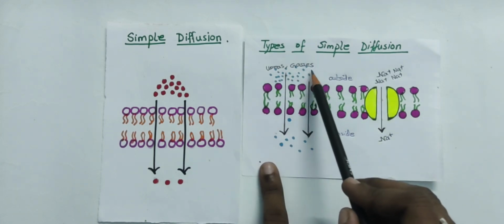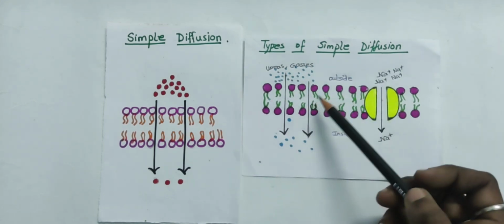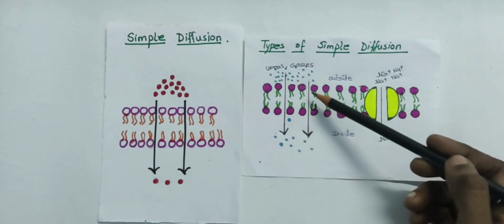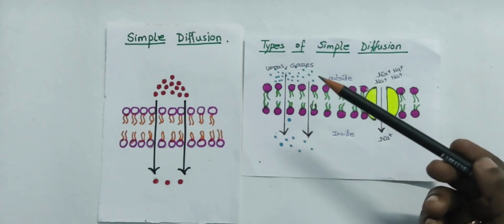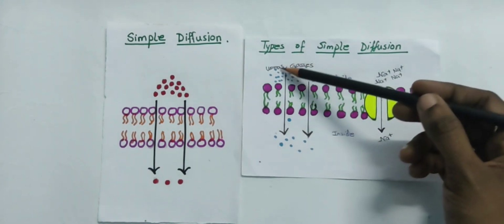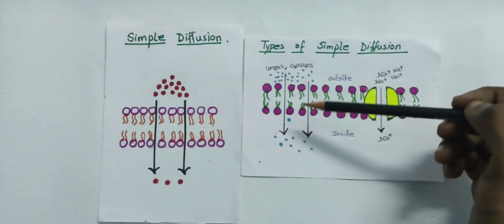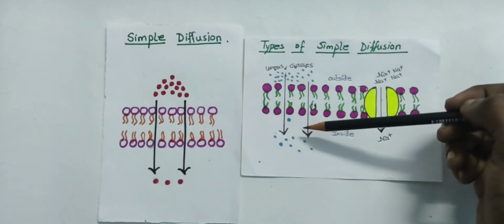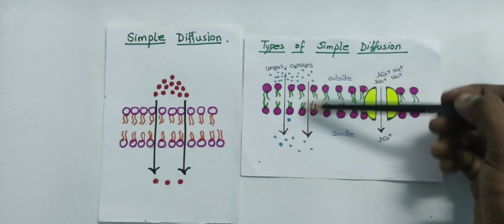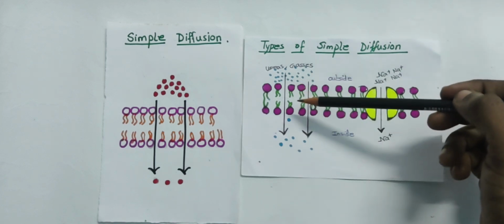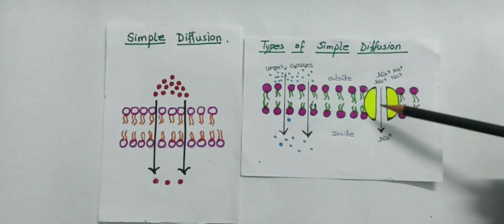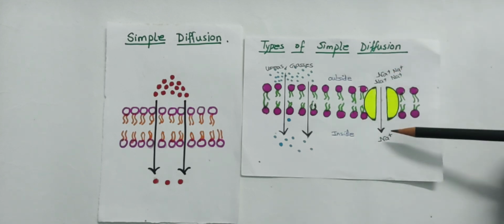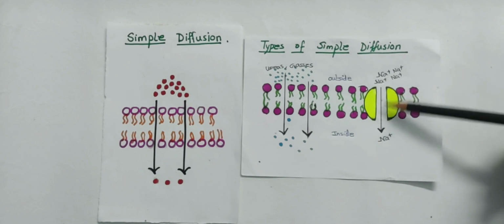Generally urea and gases like oxygen travel through the lipid bilayer down the concentration gradient, that means from higher concentration to lower concentration. The molecules are traveling from higher to lower concentration across the lipid bilayer. This is one type of simple diffusion. And the other one is ions, which travel from higher concentration to lower concentration through their specific channels.